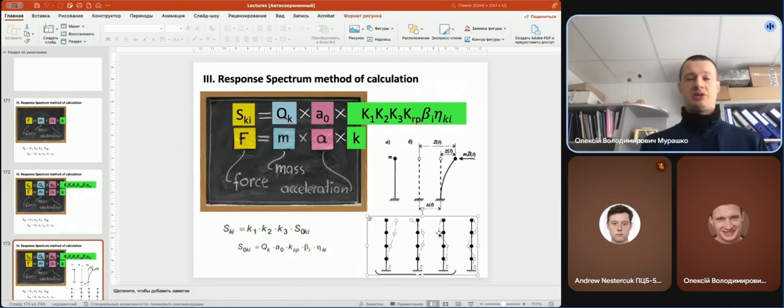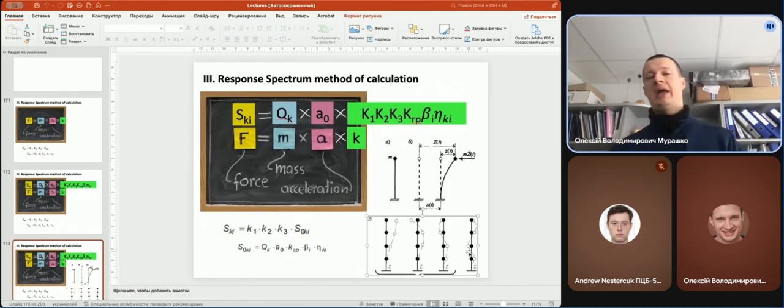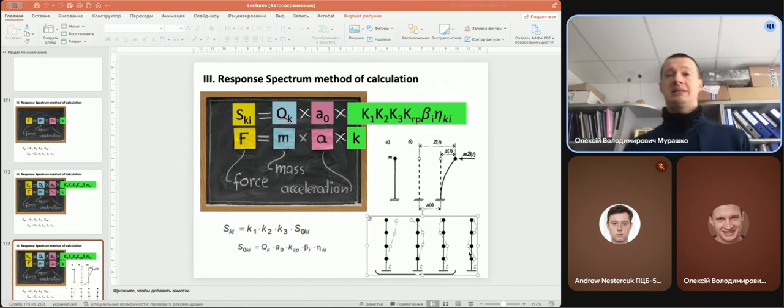And the exact same situation with third and fourth forms of vibration. So this gives us at least 16 seismic forces that we have to take into consideration when we are calculating the simple 4-story building.